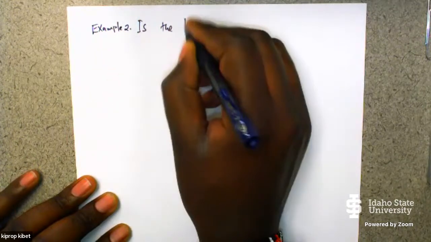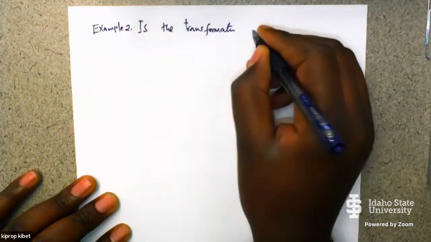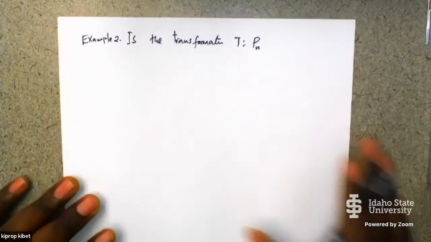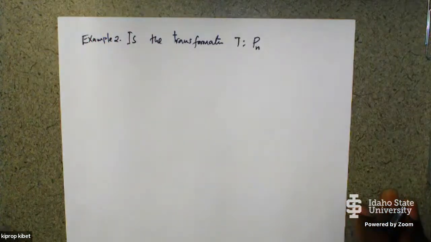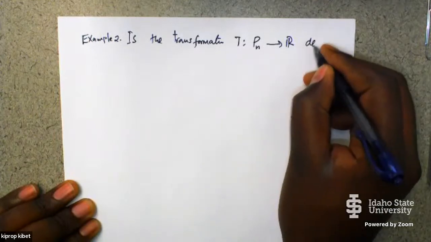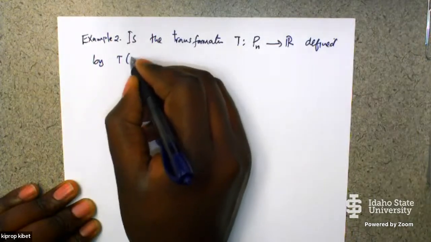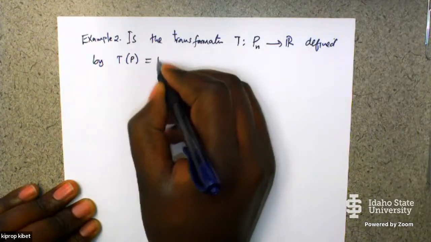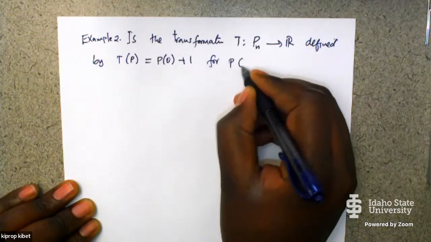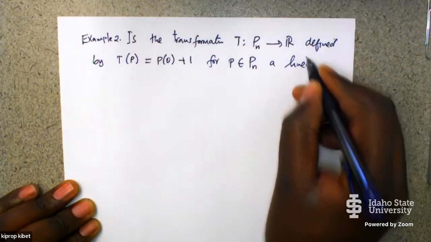Is the transformation T from the polynomials with real coefficients to the real numbers, defined by T(P) equals P(0) plus 1 for P an element of Pn, a linear transformation?